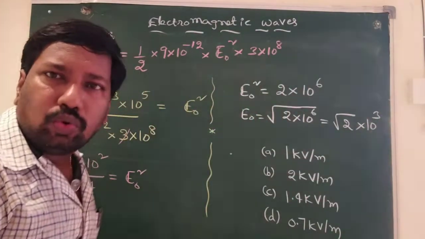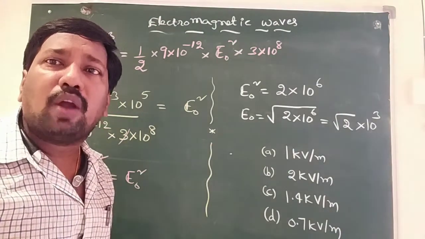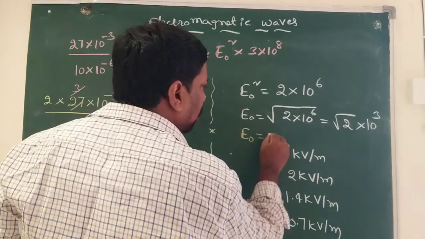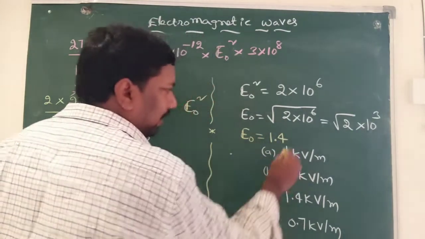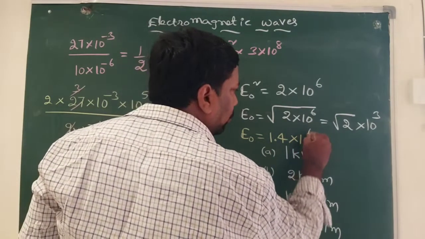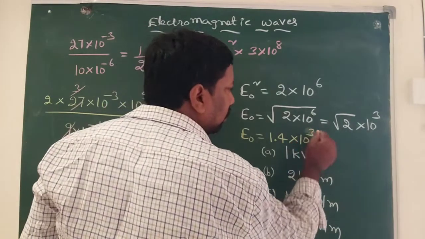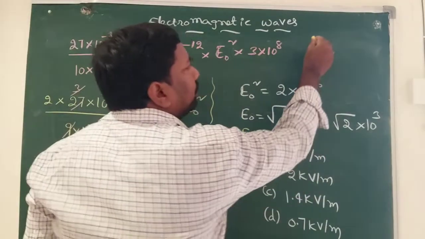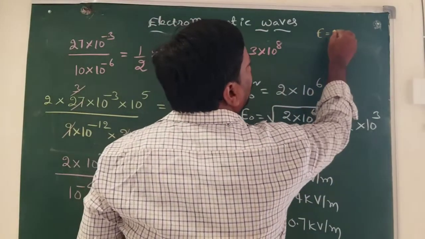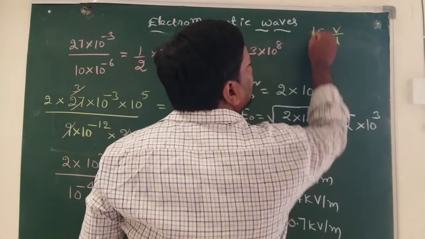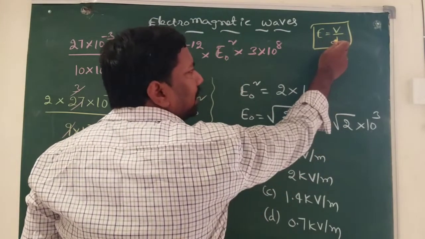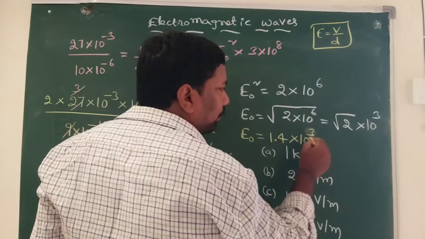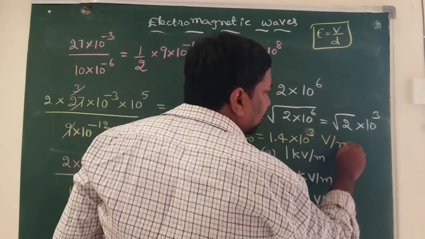We know that root 2 is 1.414. Therefore E naught equals 1.4 into 10 cube. E naught is in volt per meter, which is V by D.